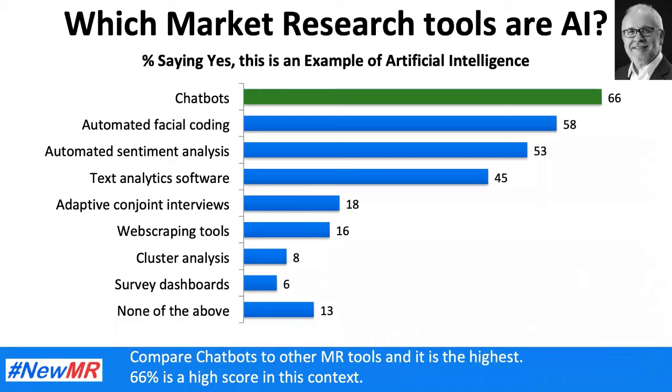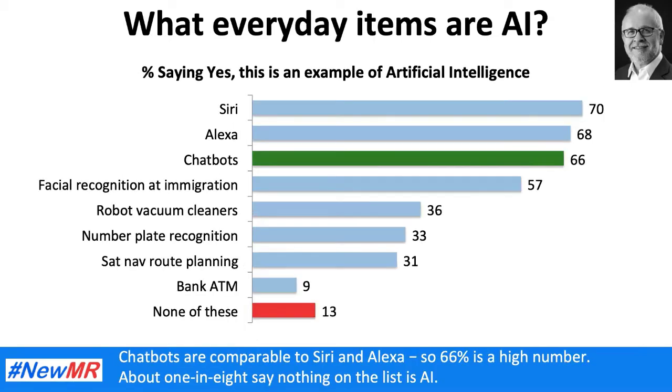And when we do that sorting, we can see that chatbots is the biggest number. Of the market research approaches we looked at, chatbots was the highest. So in the context of market research tools, 66% is a big number. We also looked at a whole range of things from everyday life and said to people, are these examples of artificial intelligence?